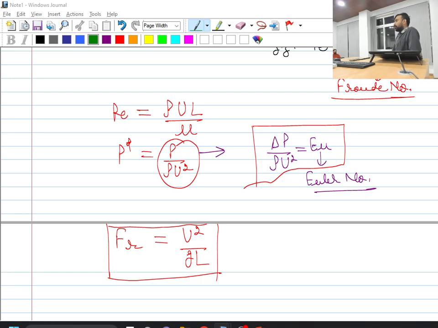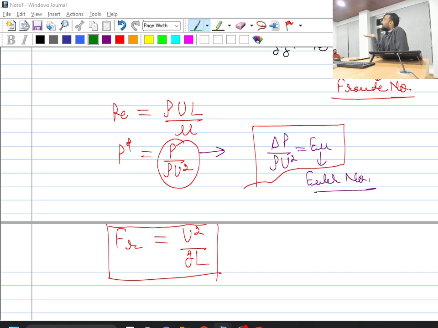So if I say that my Reynolds number is unity, the meaning is inertia forces and viscous forces are of the same importance. If I say my Reynolds number is very, very small compared to 1, what is the meaning? The meaning is, in my problem, viscous forces have a dominant role in comparison to the inertia forces.